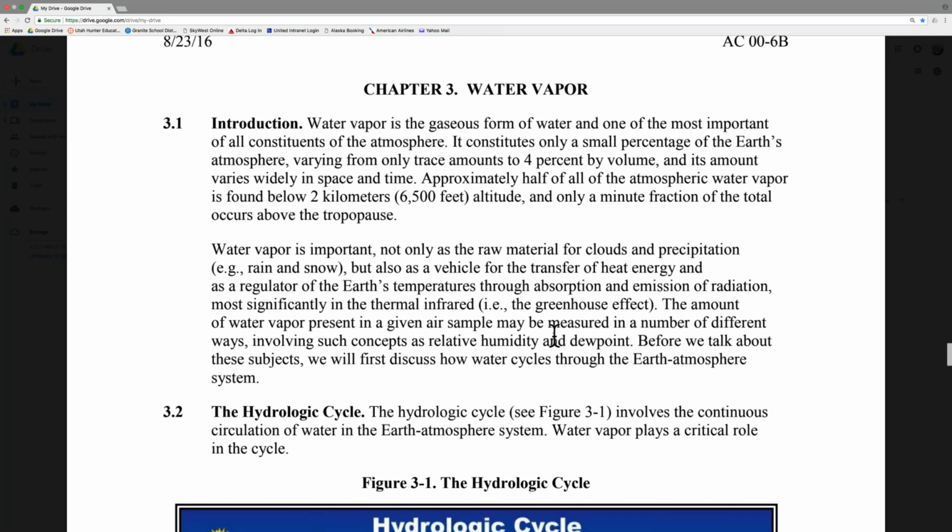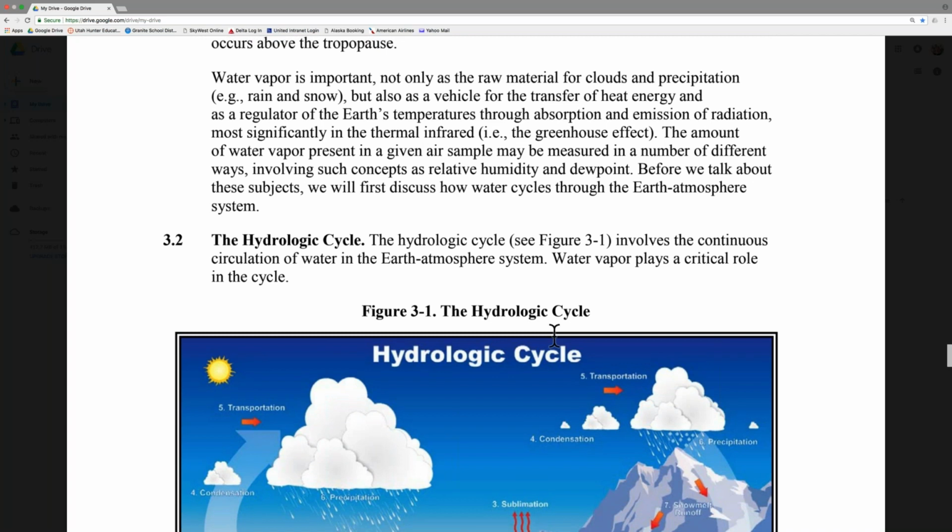Even though it only constitutes a small percentage of the Earth's atmosphere, it's still a big part of all weather in the troposphere.